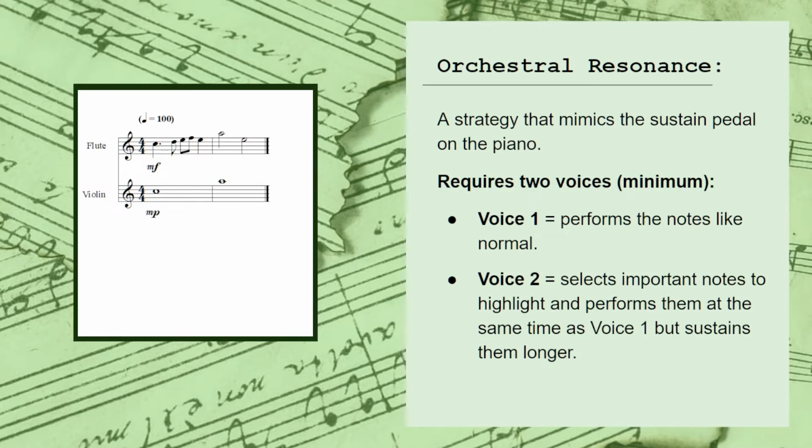The secondary instrument acts as a sustain pedal. They perform the same note at the same time as the primary note, but they do not move on. Instead, they continue to hold the note for as long as you need in order to create the desired effect. This strategy tends to work best when the primary voice is the strongest and most prominent, so the secondary voice can fall into the background more easily.